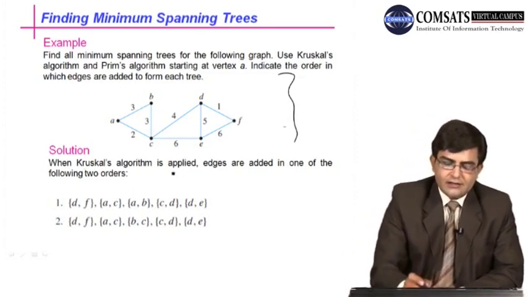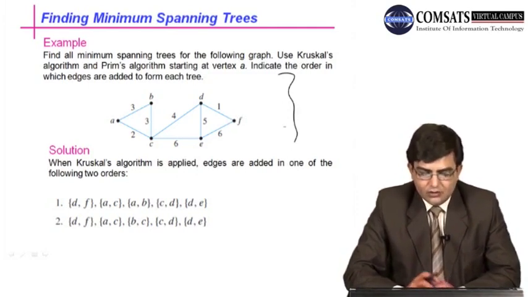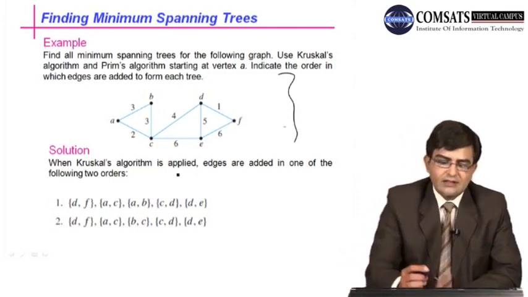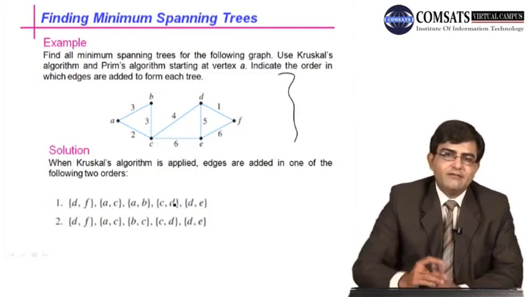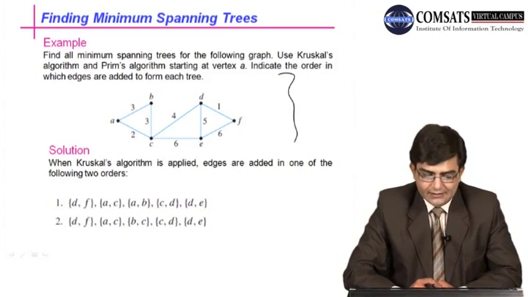When Kruskal's algorithm is applied, edges are added in one of the following two orders, because in this graph you can see that we have edges having the same weights, so there are multiple possibilities of adding edges.